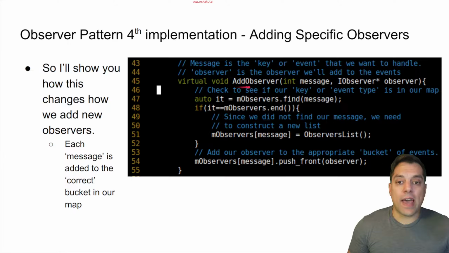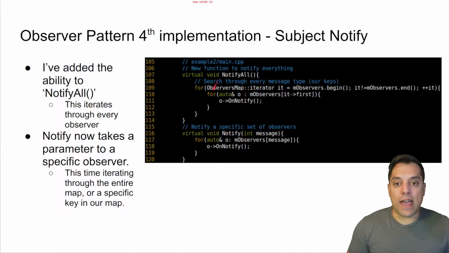Then we'll add our observers to the specific list for that particular key or message type it belongs to, and then only push out messages to specific observers if we like. And beyond just having notify all, we'll have notify with a specific subsystem that we want to notify. So that's the implementation.